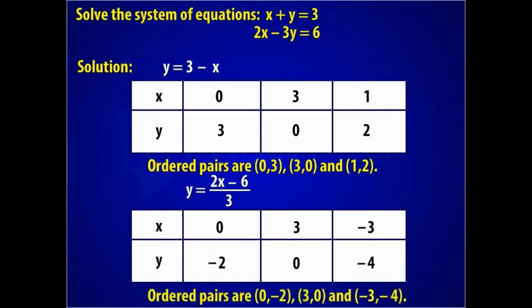The ordered pairs are (0, minus 2), (3, 0) and (minus 3, minus 4). The graph for both the equations is drawn on the same graph.